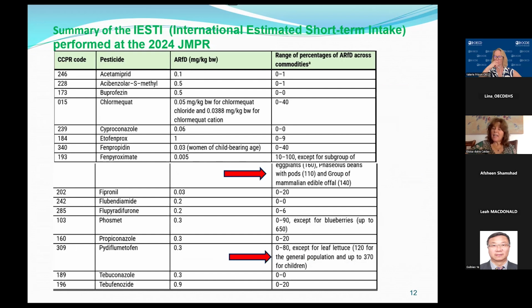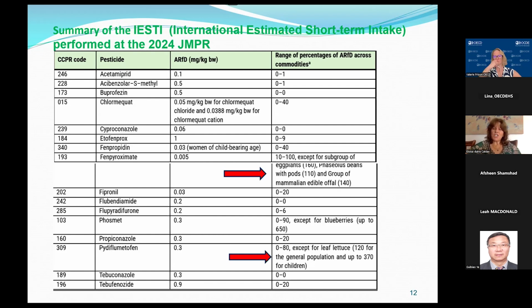And then we have the table for the acute estimated, the IESTI assessment. And here it is different. Normally, if there is a problem, it would be for the acute, because you use the highest portion, not the mean, you use the large portion consumption, not the mean portion, and you use the highest residue most of the time, not the mean residue.